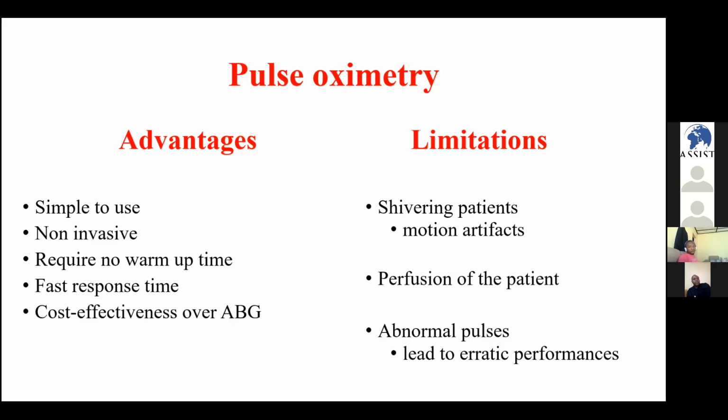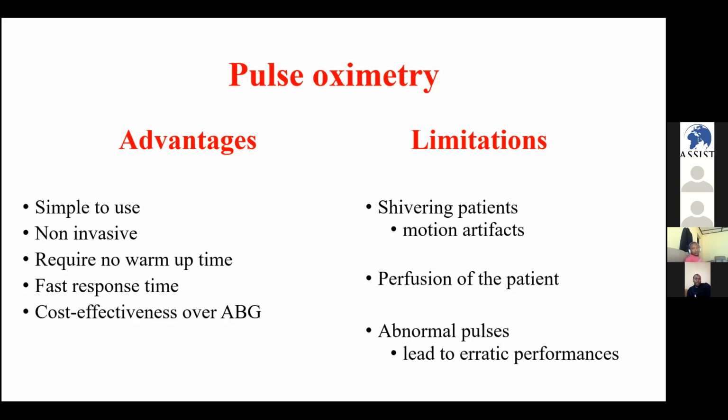They also have certain limitations. In a patient who is shivering or agitated, you may lose the quality of the pulse, and the readings are not going to be accurate. In patients who are poorly perfused, you may lose the pulse and the readings on your pulse oximeter.